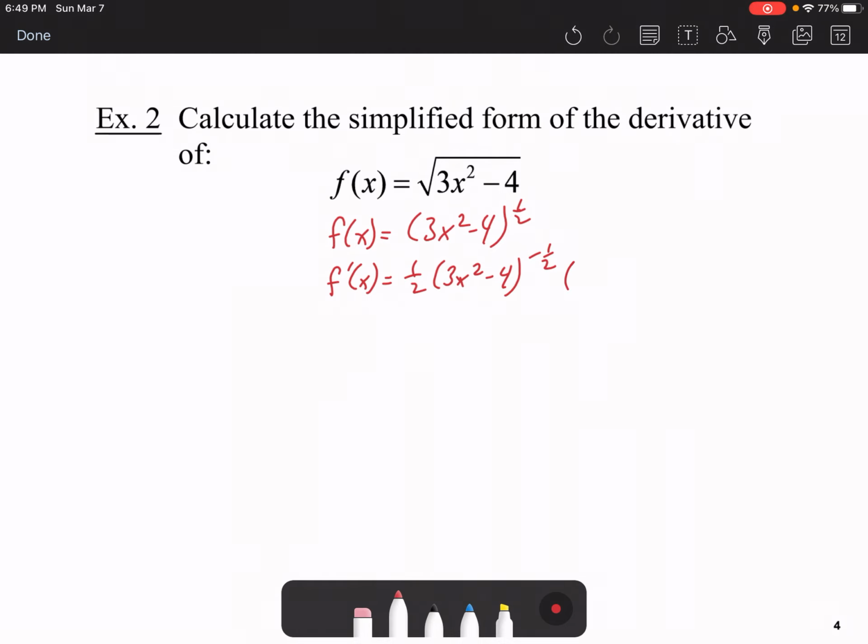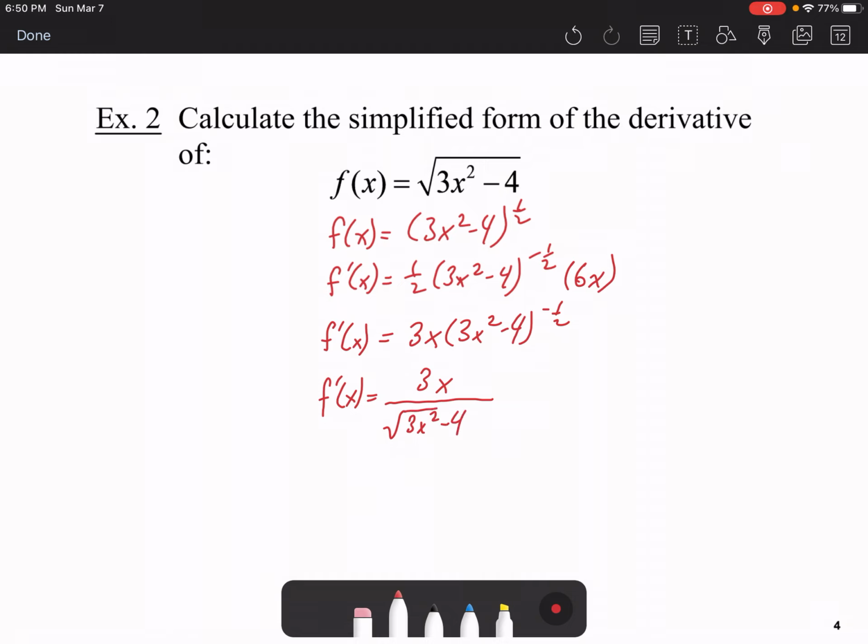And now we multiply by the derivative of 3x squared minus 4, which is 6x. We simplify. A half of 6x is 3x. Times that by the 3x squared minus 4 to the exponent negative a half. We move the negative half to the denominator, and because it's a half, we change it back to a square root. So this is 3x over the square root of 3x squared minus 4 is our derivative.